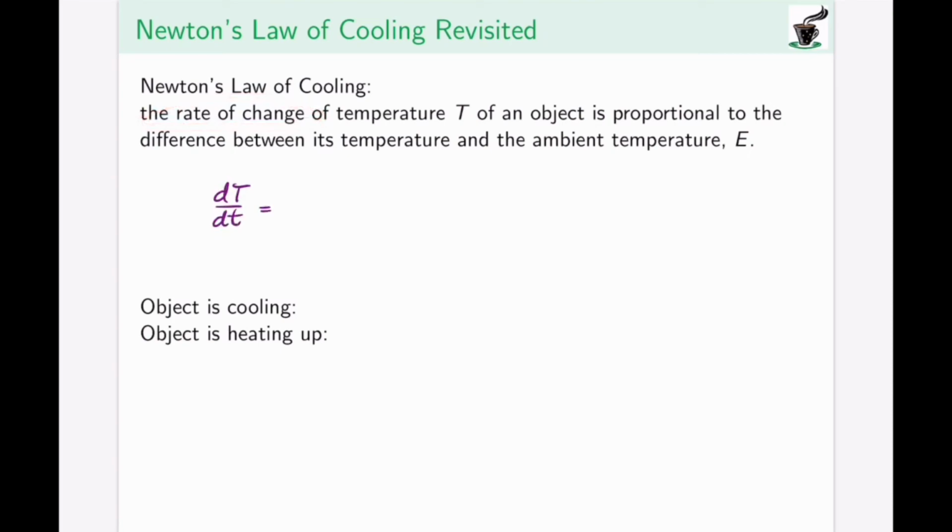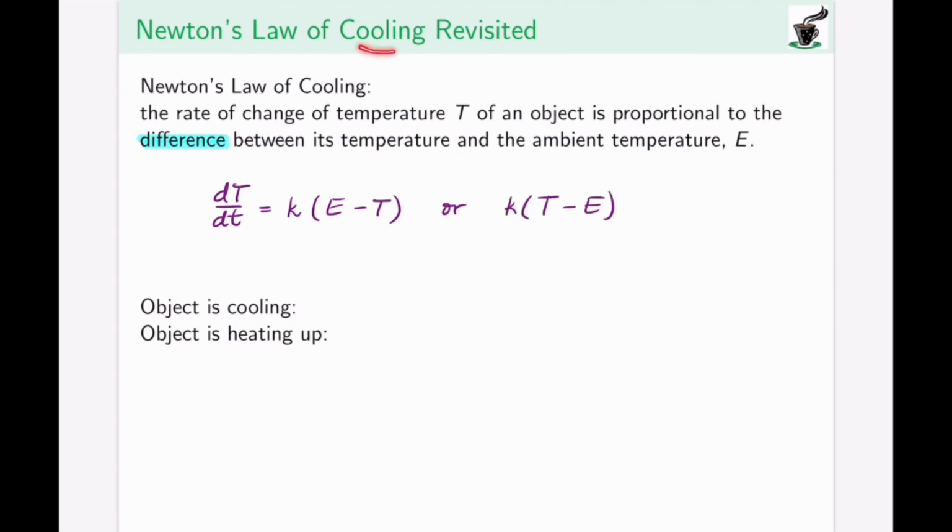The rate of change of temperature is proportional with some proportionality constant k to the difference between the temperature of the object itself and the ambient temperature. So it's proportional to the difference, and it can go either way. The ambient temperature minus the temperature of the object, or it could be the temperature of the object minus the ambient temperature itself.